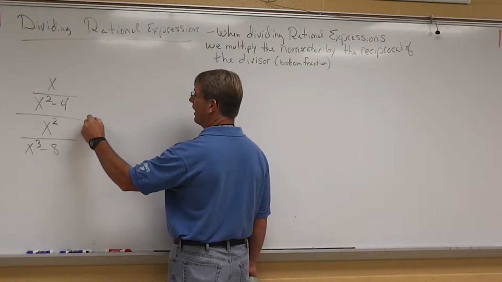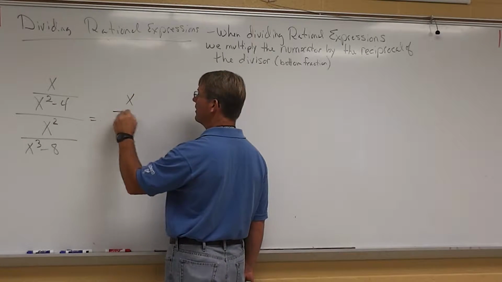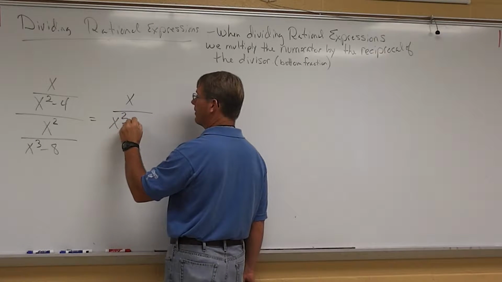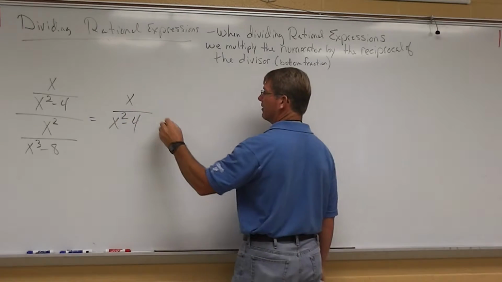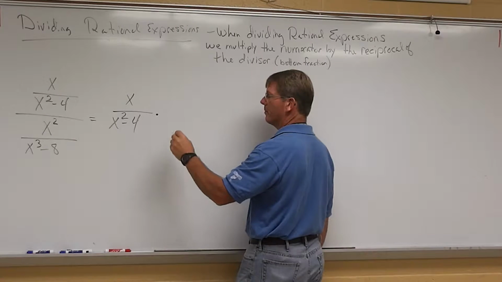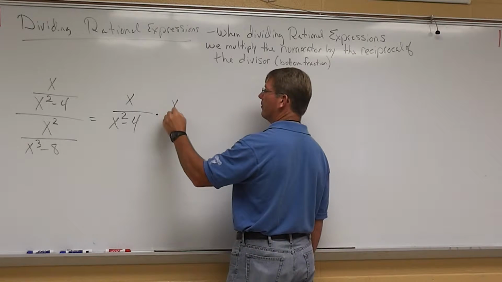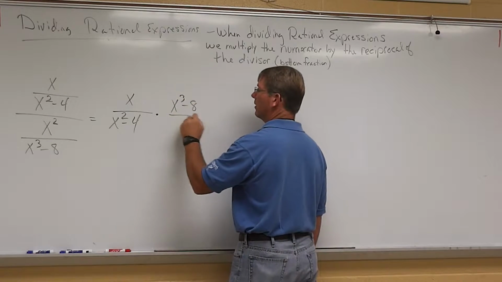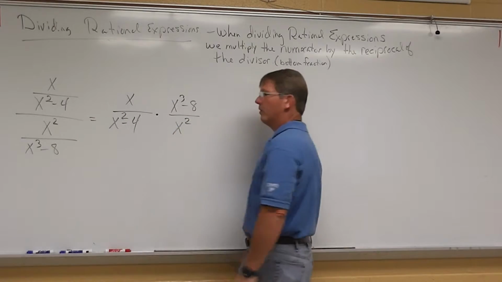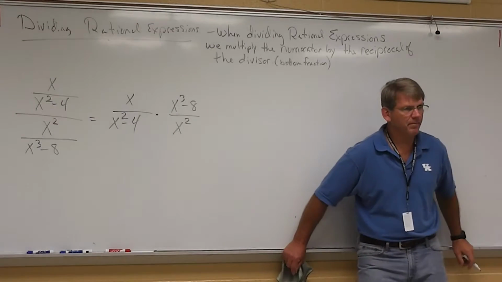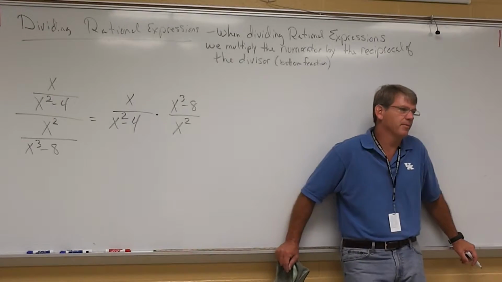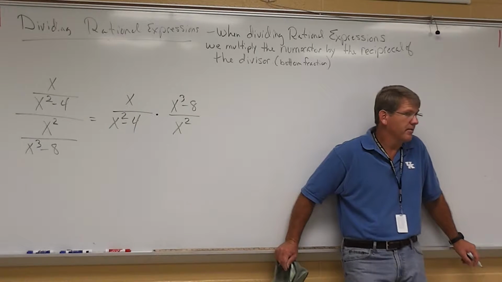So in one quick step, we take this division problem and it becomes just like yesterday. Take the top fraction, multiply by the reciprocal of the divisor, so we flip the bottom one over, and boom, in one step, my division problem turns into a multiplication problem. We do it the same way.